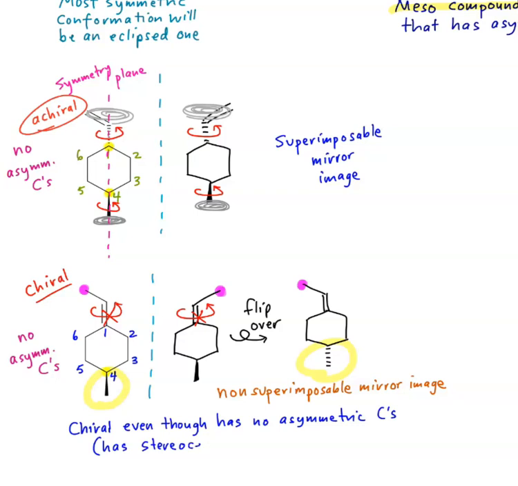So carbon 4, for example, is a stereocenter, as is the carbon up here that I've denoted with an arrow in the original structure. So it has stereocenters, just no asymmetric carbons. So such a molecule can still be chiral. Your focus, though, should be on looking for those asymmetric carbons. That's where we're going to put most of our effort.